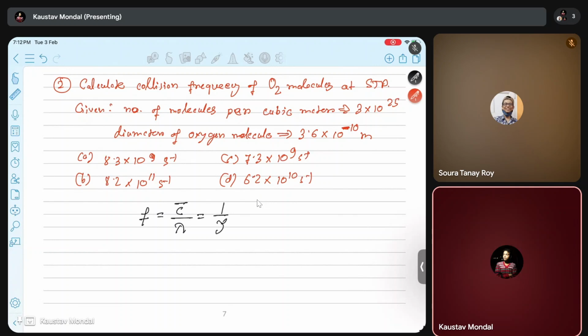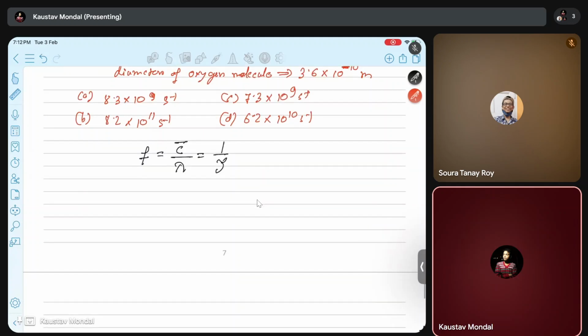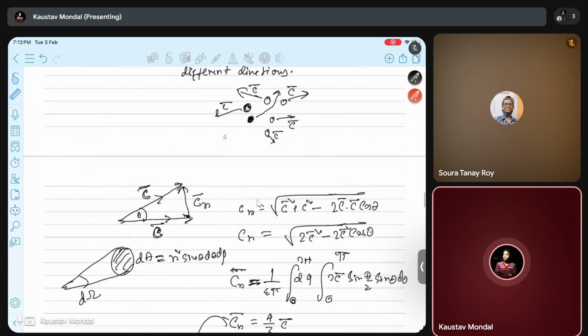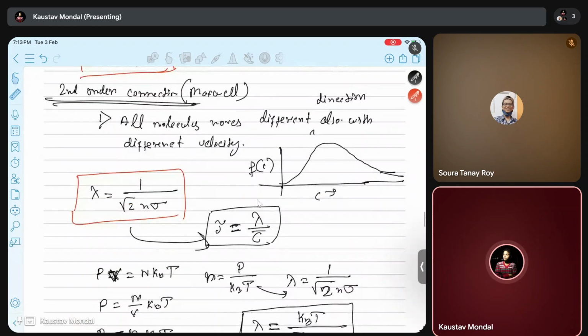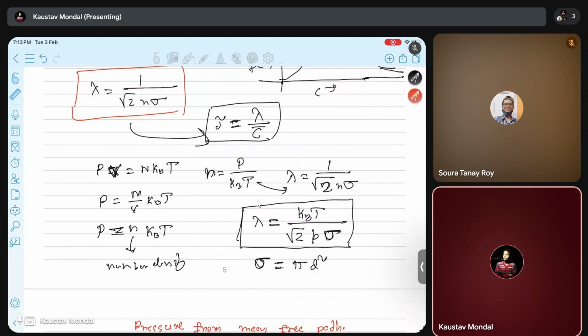So you can calculate lambda. There are several expressions of lambda we have discussed: zeroth order, first order, second order. Since in the problem it's not mentioned, it's better to use the second order correction. That is this expression.